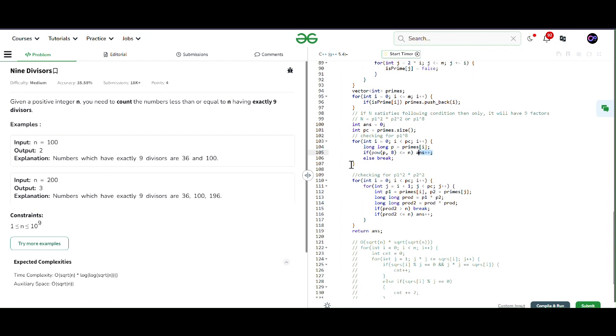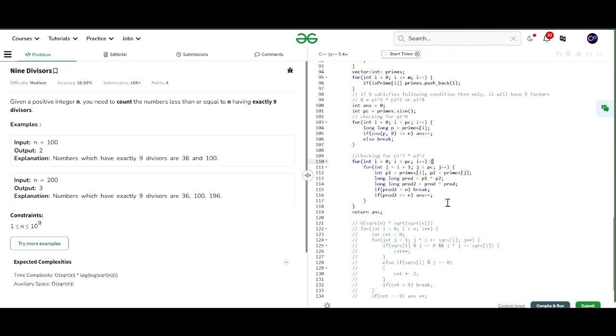Then I check the pairs of two primes. I run two nested loops and make all the possible pairs of the primes, taking the product according to p1 square into p2 square. And if the number is less than or equal to n, then that number is also a valid answer.